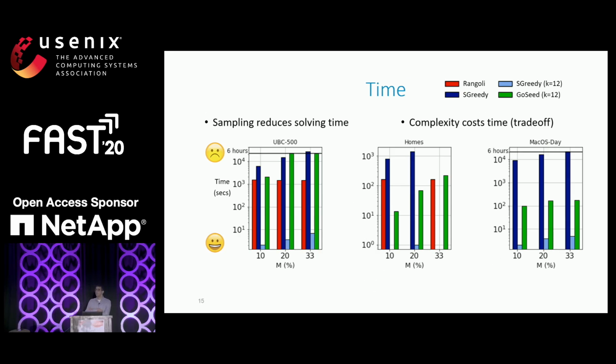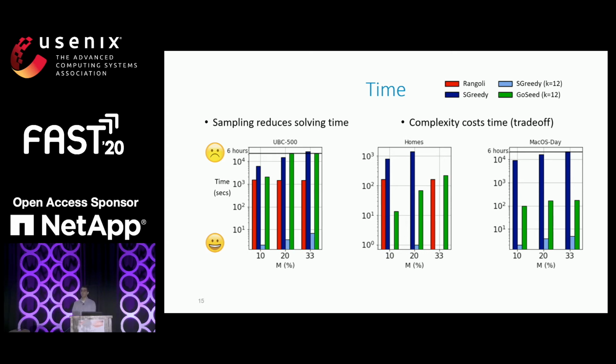The second thing we're going to look at is the time the solver takes in order to solve the problem. So here we have the same x-axis, same algorithms, same everything, but only the y-axis is changed. Now it's going to show time in seconds, and note that it's in log scale, so lower is better. Here we can see two things.